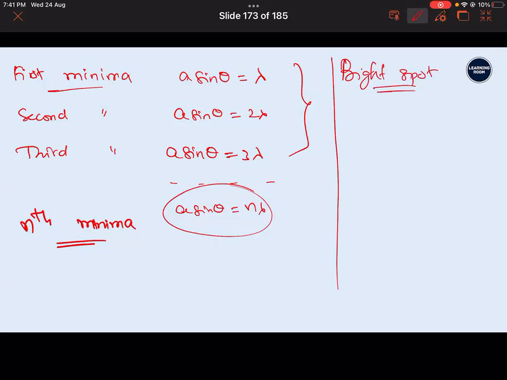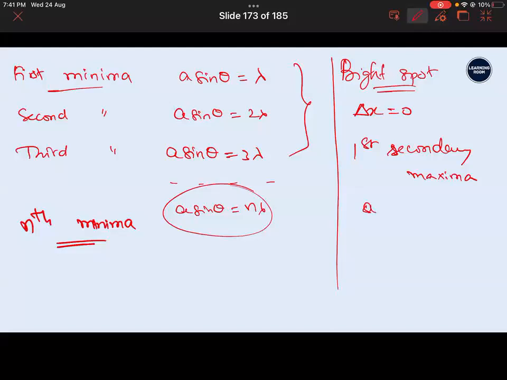For bright spot, delta x is 0. For first secondary maxima, what will you do? a sine theta is equal to 3 lambda by 2. Correct, 3 lambda by 2.